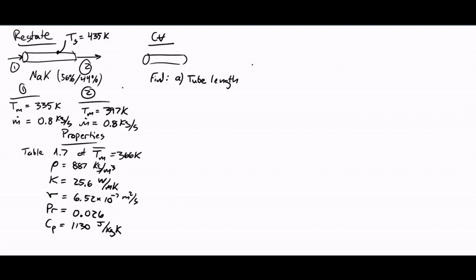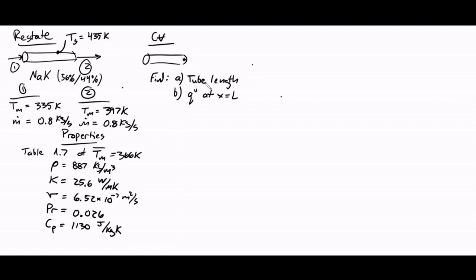So we have a constant surface temperature condition. That's, of course, very important for these internal flow problems. So given that condition and our different mean temperatures in and out, what length would we need to achieve that outlet mean temperature? And finally, what is our heat flux at the surface at the very end of the pipe at x equals L right there?